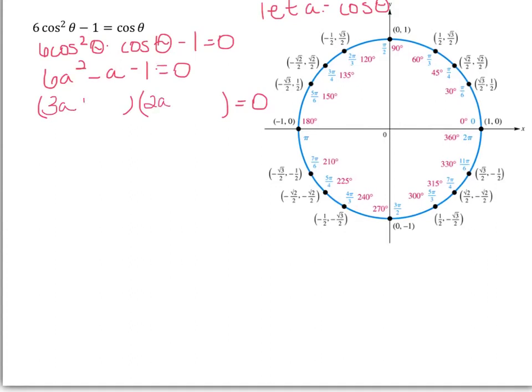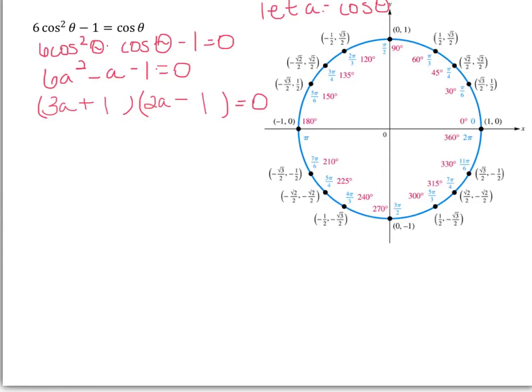You would have a plus and a minus, and then to multiply together to get -1, you would have +1 and -1. And you can always check your answer. 3a times 2a, that's 6a squared. This would be minus 3a plus 2a, so that gives you -a, and then -1. So that all works out.